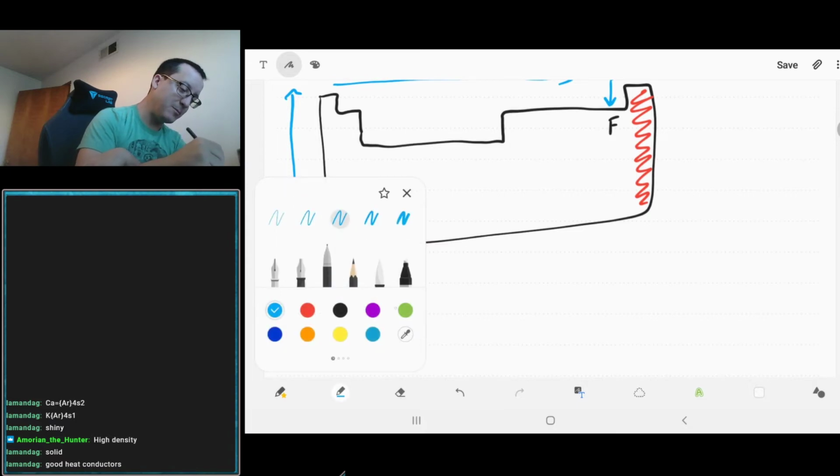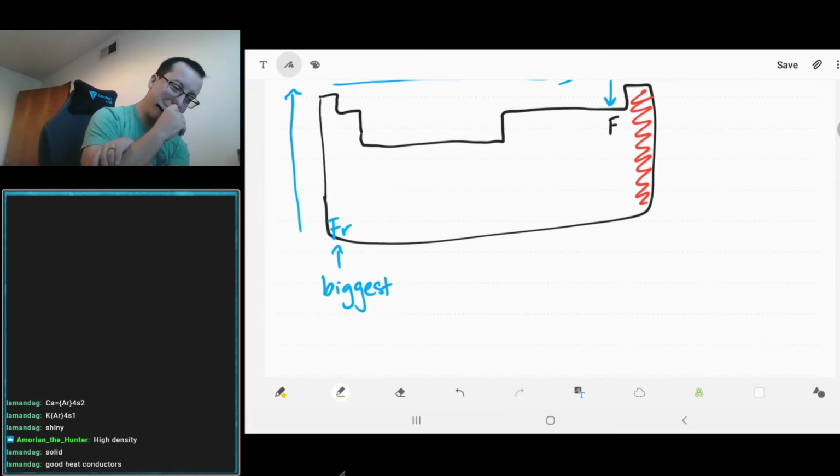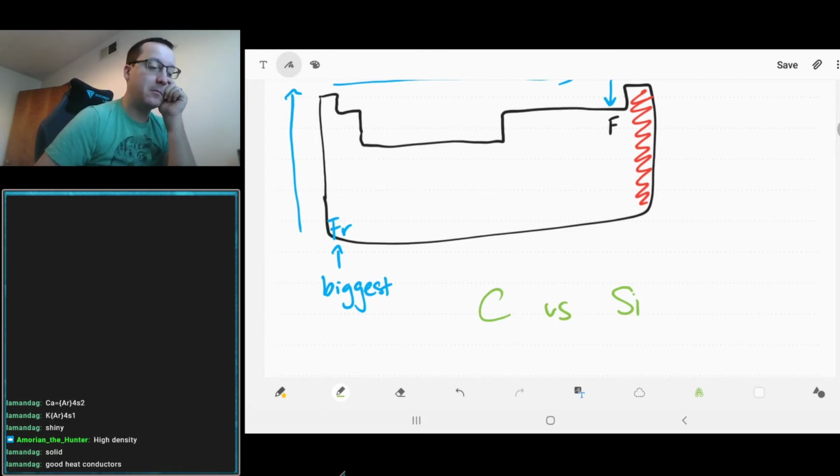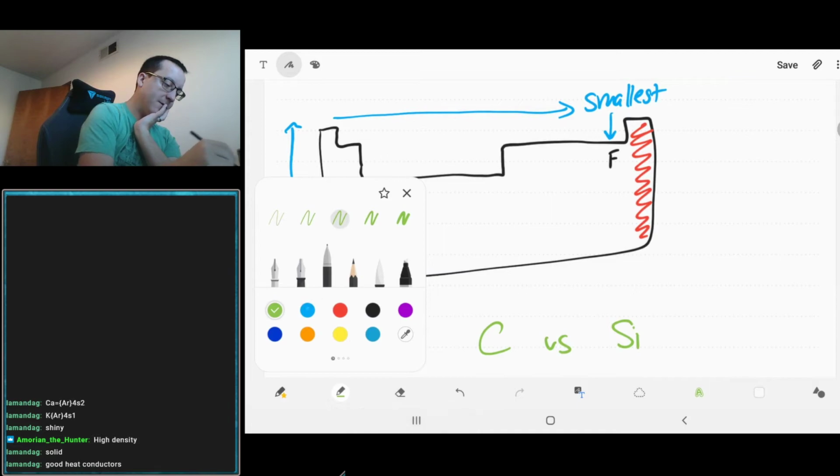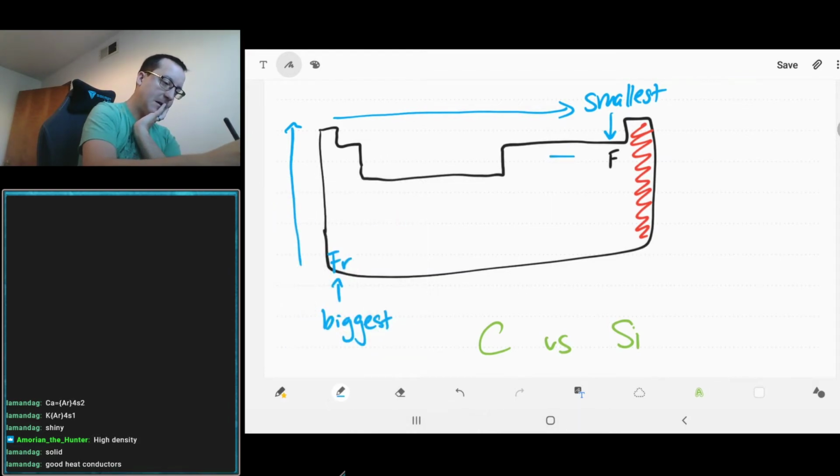So if we were to compare, let's say, let's compare these two. Which one of these is going to be the bigger atom? Let me draw them on for us here. Carbon is right here.